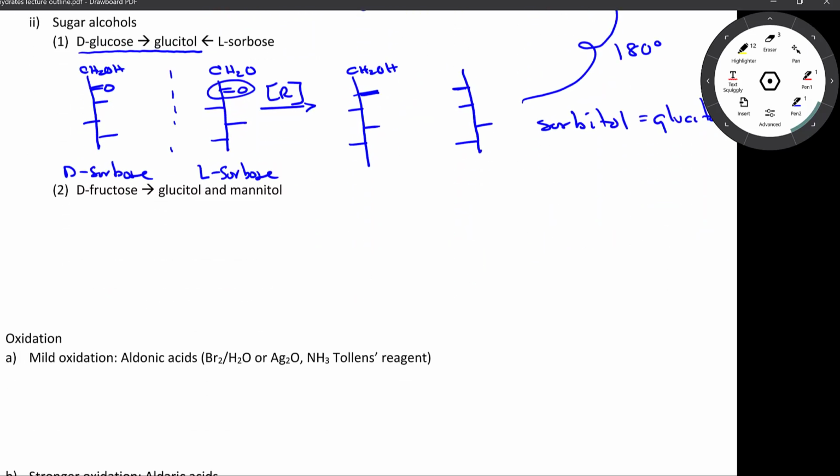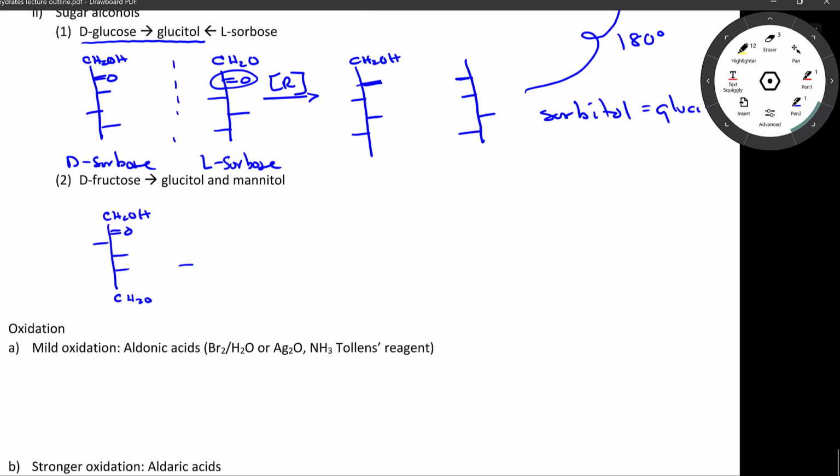if you take fructose, just to show you all these permutations. So fructose looks like this. You can produce glucitol as well. That is, you can do this. Hang on.